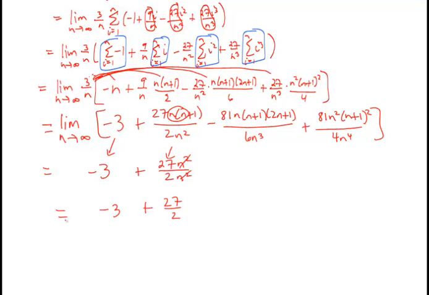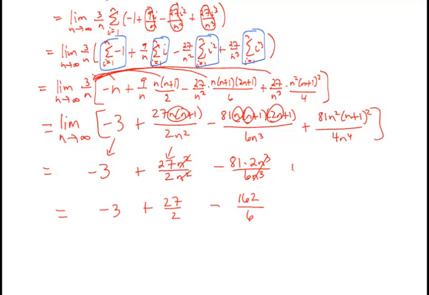In the third fraction, we're going to get this negative 81 still out front. And then in terms of the dominant terms, we've got an n, we've got an n, and we've got a 2n. So that's going to be a 2n cubed. And 81 times 2 is going to be 162. In the denominator, we have that 6n cubed. So the n cubes cancel, and we're just going to be left with the 6, and there's a minus in front of all that.